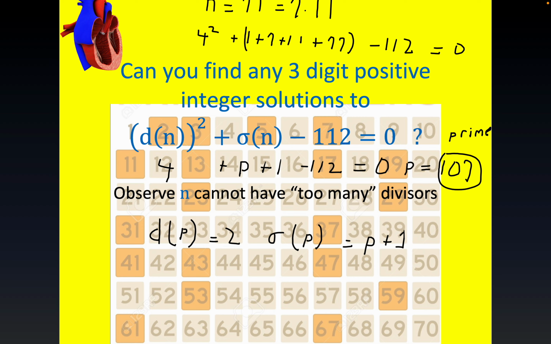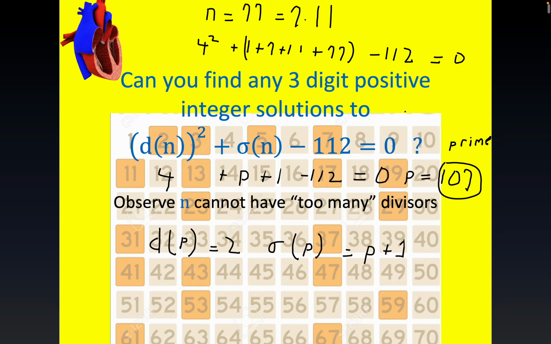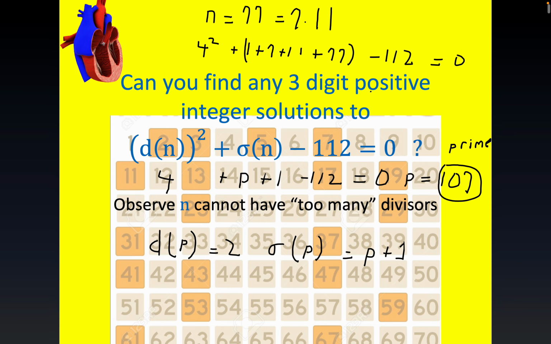So that takes care of it right there, folks. That is our answer. Notice I didn't get too specific. I said, can you find any 3-digit positive integer solutions? Well, I found one, and I can't really prove that there are not any others. I kind of think this is the only 3-digit one, but I could be wrong, and I was careful about the way I did the instructions here.